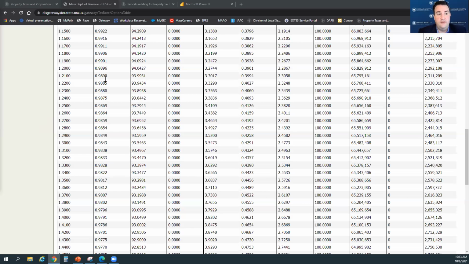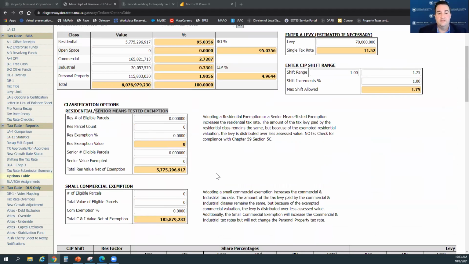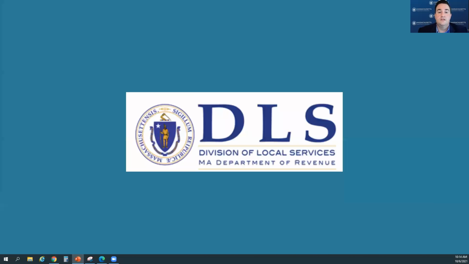Wakefield has a very robust part of their website that explains how their senior means test works. So if you're looking for resources, those are available. And definitely feel free to look at other communities that have accepted this. So getting back to the PowerPoint.